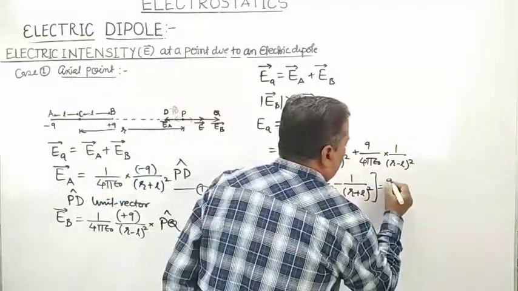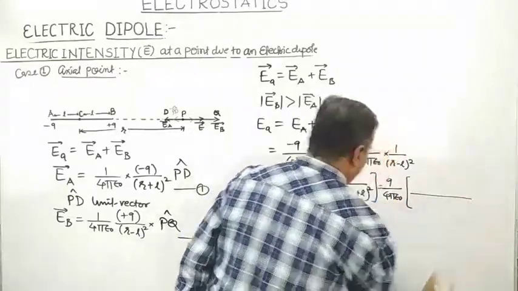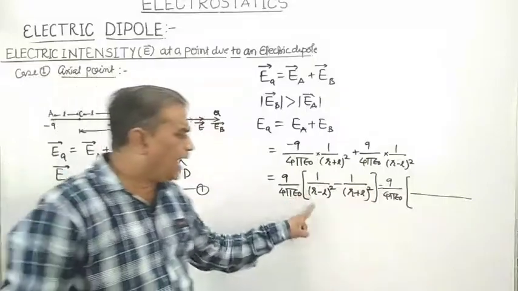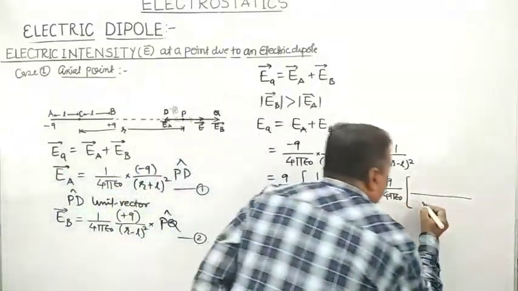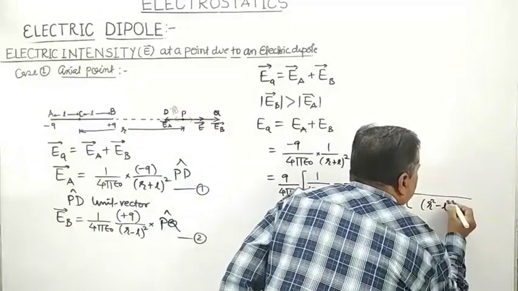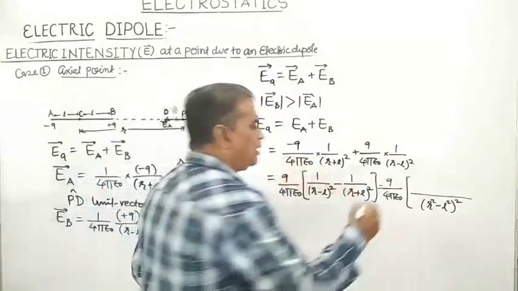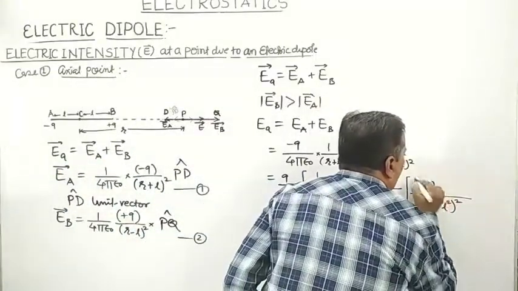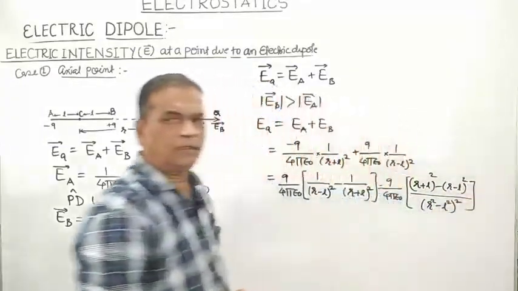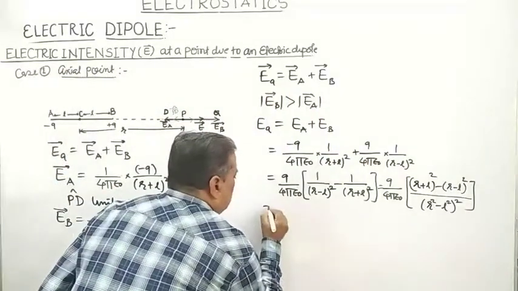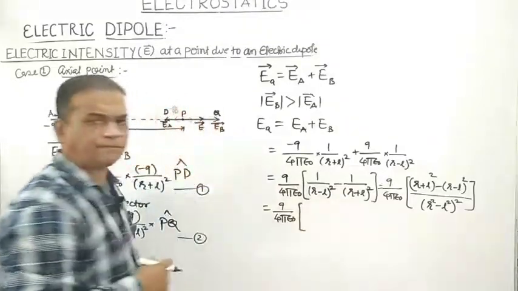Or this is equal to Q divided by 4 pi epsilon 0. Now, as far as the denominator is concerned, if you take the product of R minus L whole square and R plus L whole square, it will be R square minus L square whole square. In the numerator, R plus L whole square minus R minus L whole square. Or this is equal to Q divided by 4 pi epsilon 0 in bracket.